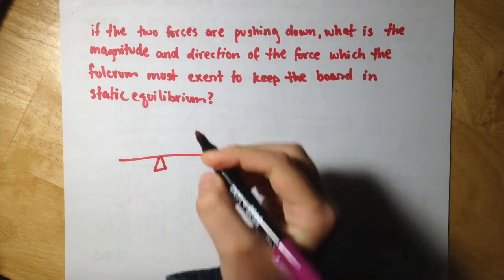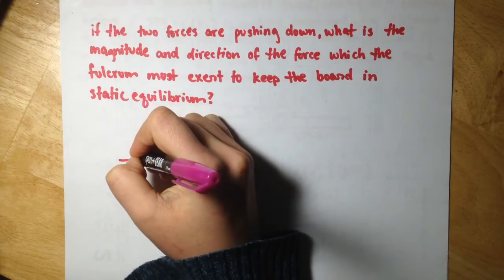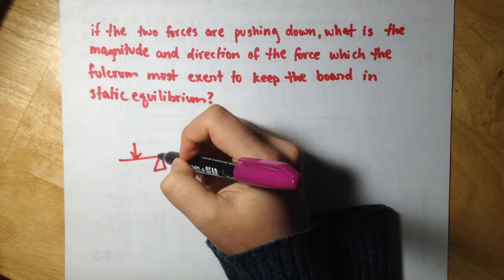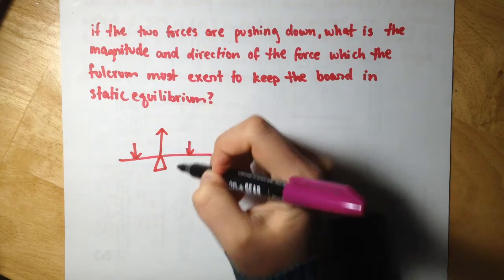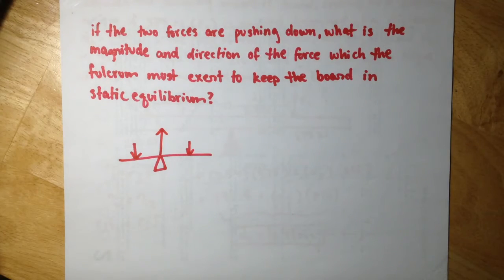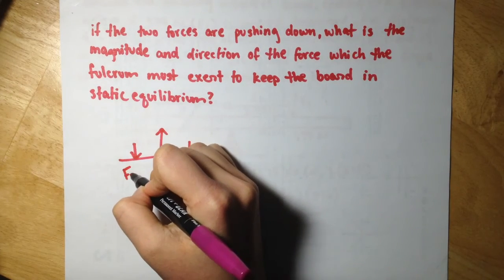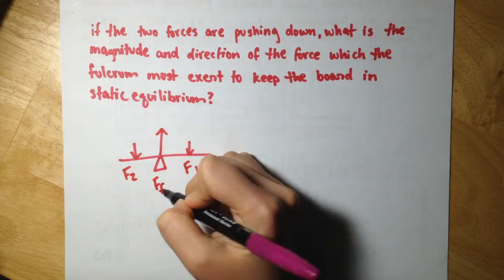So this is the fulcrum and these are the two forces that are acting on it. And so if these two forces are acting downward on it, the fulcrum must apply an equivalent amount of force in the opposite direction for there to be static equilibrium. So force 1, force 2, and then this is the force of the fulcrum.